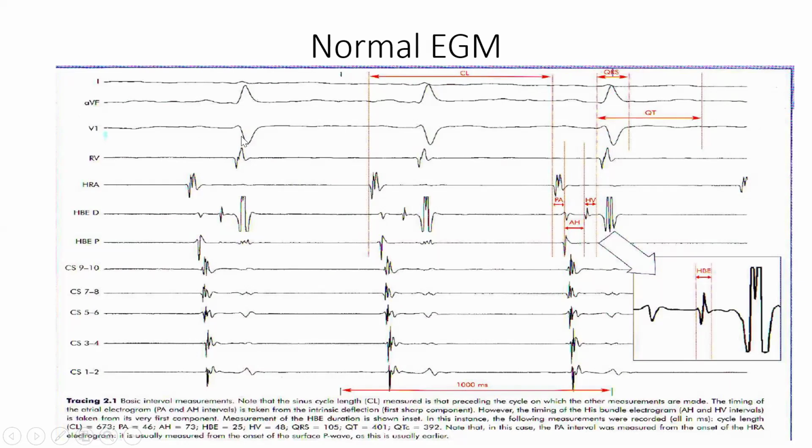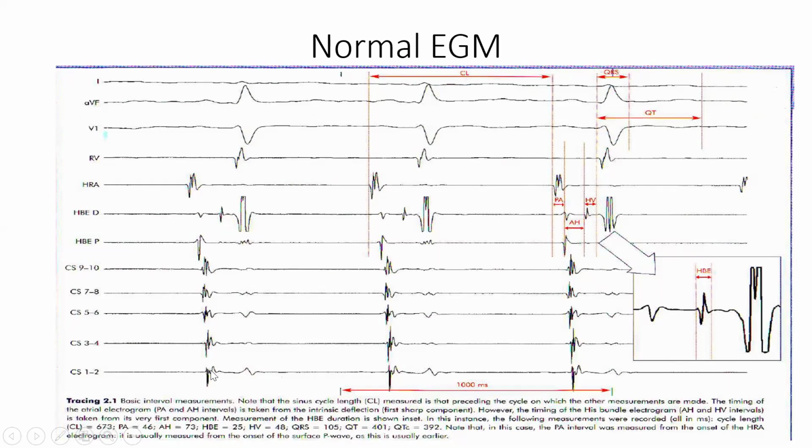The RV catheter will only sense activity in the right ventricle, not the left ventricle. But the CS catheter can sense activity in the left ventricle. The His catheter tells us the junction between the atrium and the ventricle. The CS9 and 10 should depolarize earlier compared to CS1 and 2.